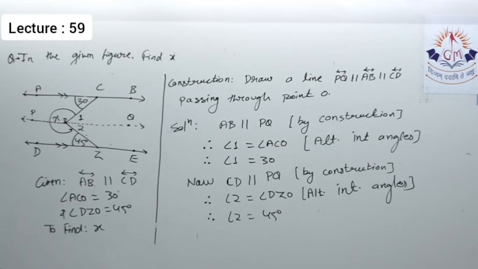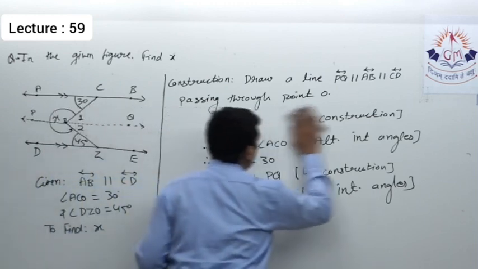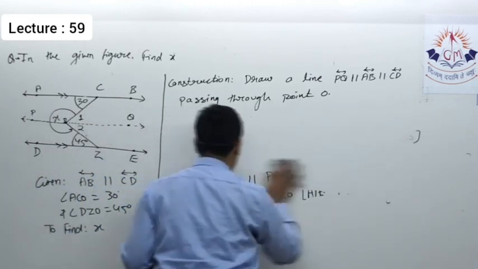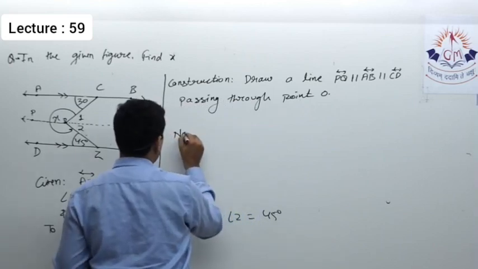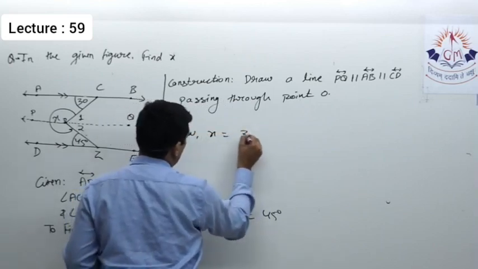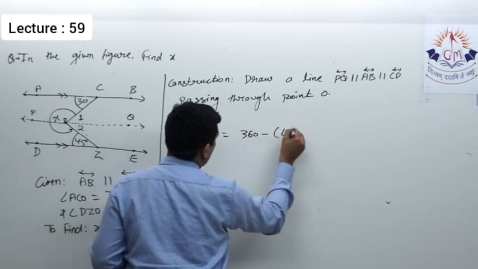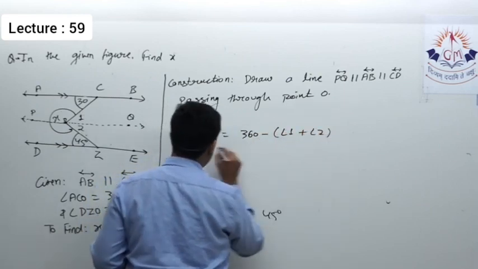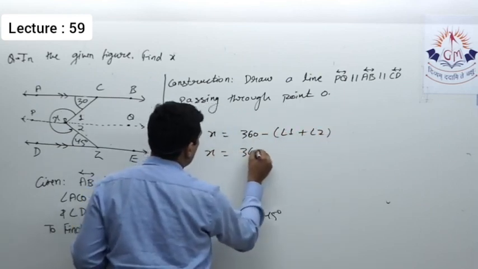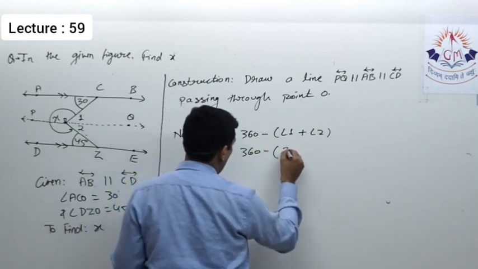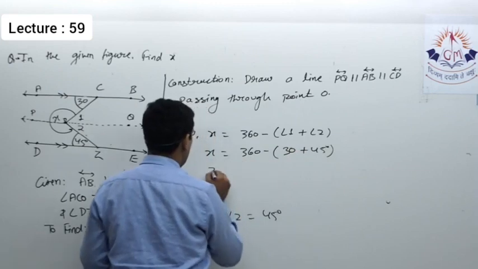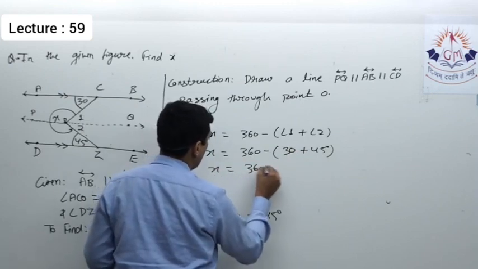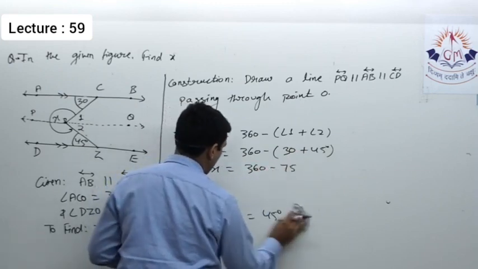Okay, so let us see the further solution. Now x is equal to 360 degrees minus (angle 1 plus angle 2). So x is equal to 360 minus (30 plus 45). So x is equal to 360 minus 75.